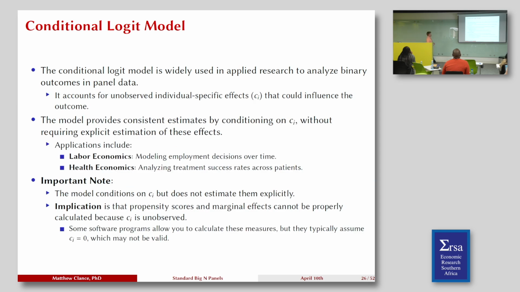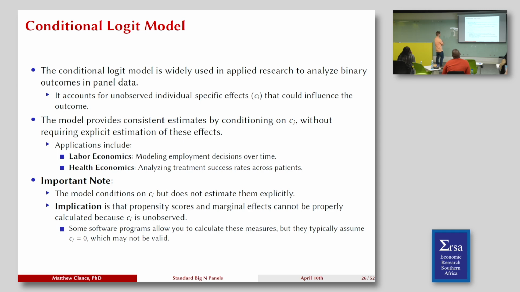Under the conditional logit, I've mentioned this before, conditional logit is widely used in research. Okay? We can condition on the individual units. Basically, the program will take care of that for us.